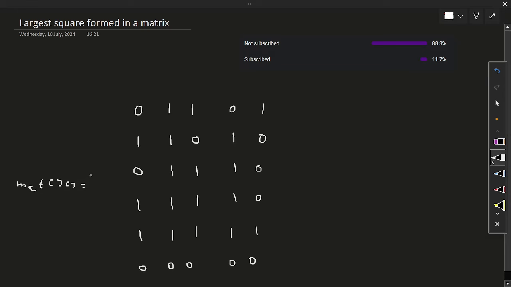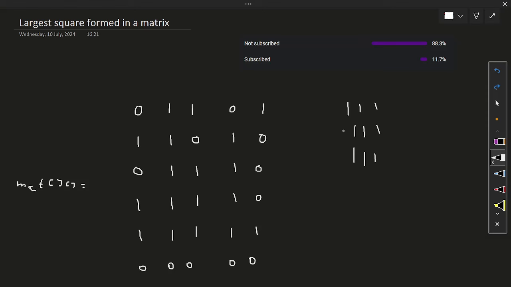So we have a matrix of n cross m and we have to find the largest square. If you think about a square, I am taking one of length 3. In this every cell is 1. If you observe the above row and left-hand side column, the elements must be equal to form a square.